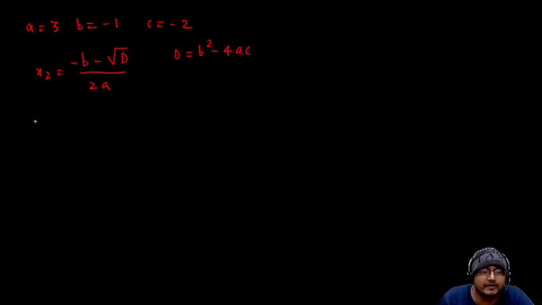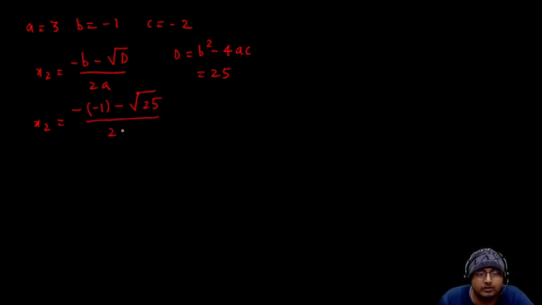Okay, substitute the values. One more root x2 can be found as minus of b, which is minus 1, minus the D value. The D value we got is 25. Substitute here, divided by 2a, which is 2 into 3.